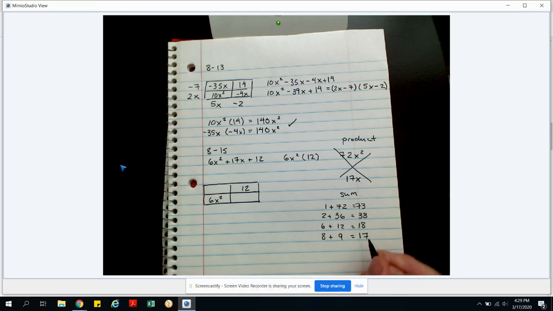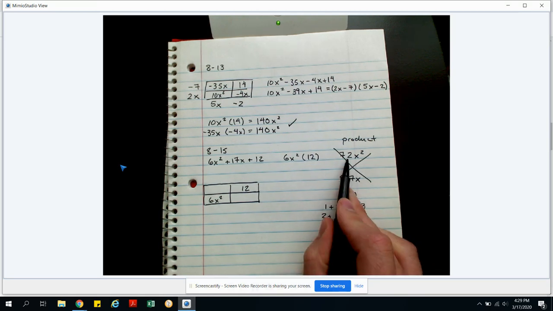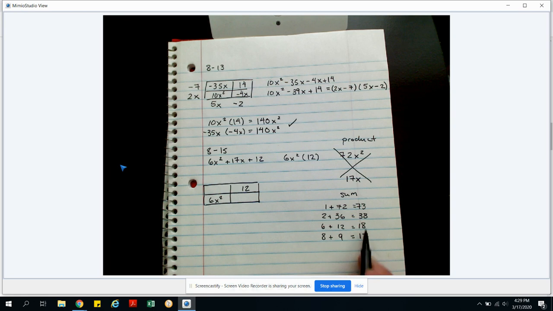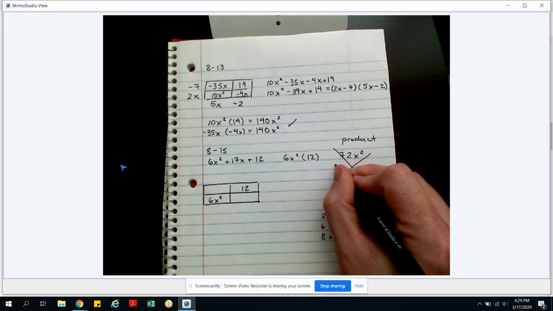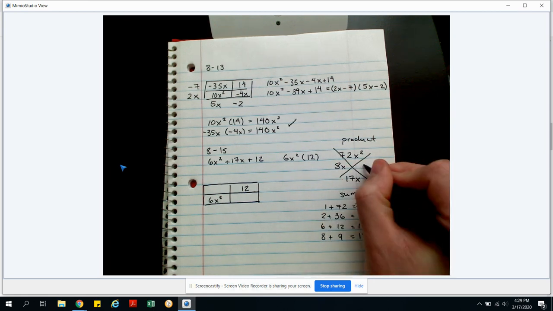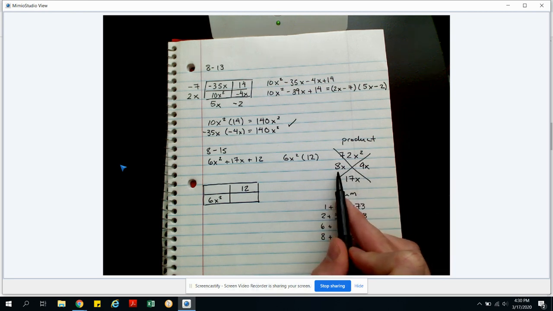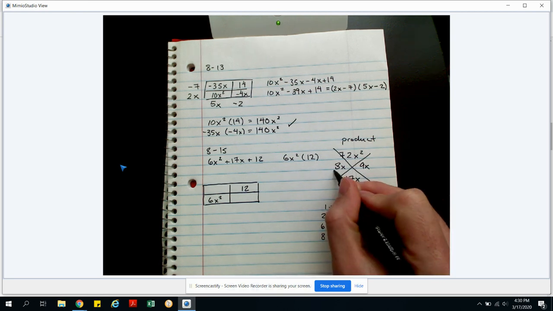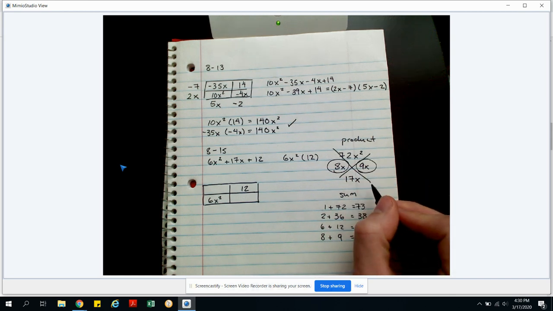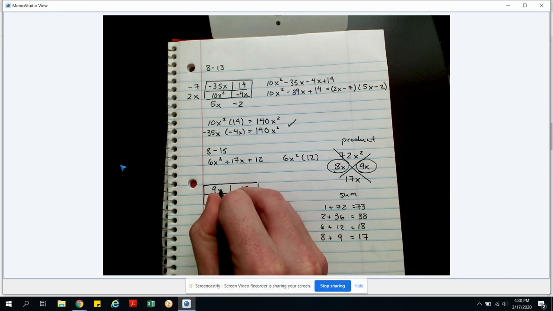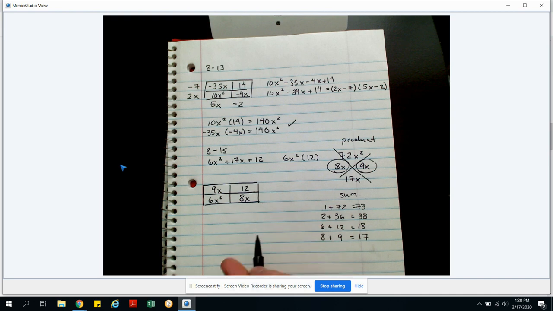Well, that's 17. So 8 times 9, I get 72. 8 plus 9, I do get 17. So I'm going to have an 8x here and a 9x here. Now the order does not matter. I can flip these two around. So I can take this 8x and I can take this 9x and I can substitute them into my generic rectangle.